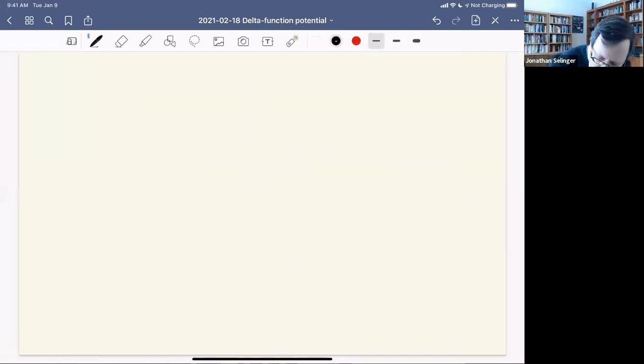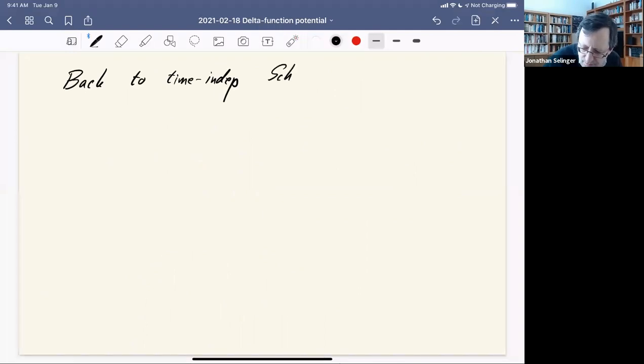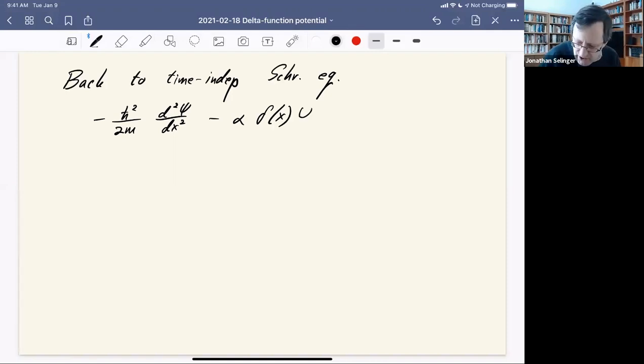So now we'll go back to the time independent Schrodinger equation. Okay. And that says minus h bar squared over 2m, this second derivative of psi with respect to x, minus alpha delta of x psi of x is equal to e psi of x.